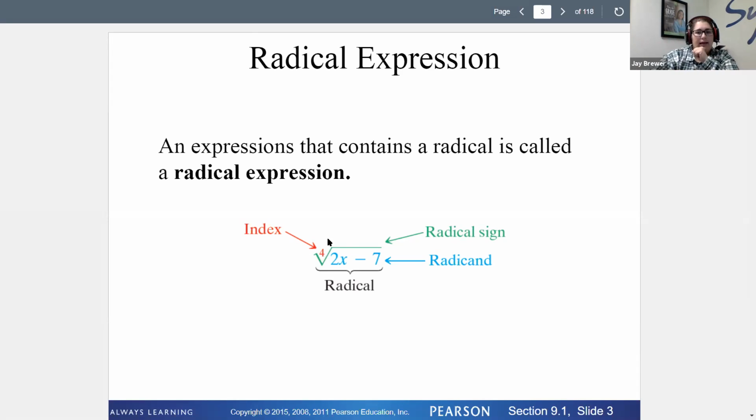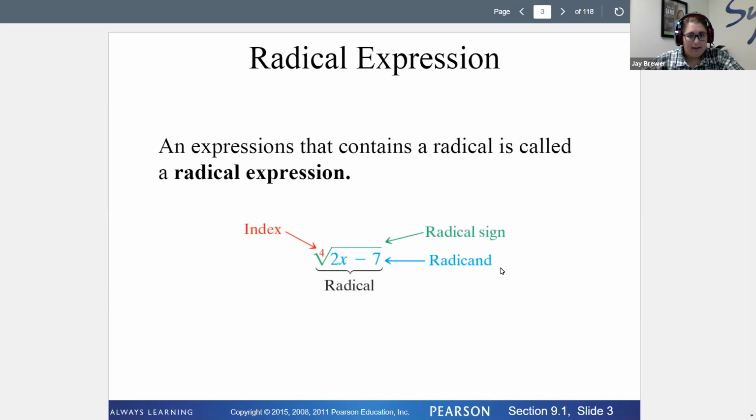If you see an actual little number written here, then it's what's called an index. So then you can have cube root, fourth root. Squared and cubed are pretty much your special names. The rest of them just go by the number and then th. So that is your index.